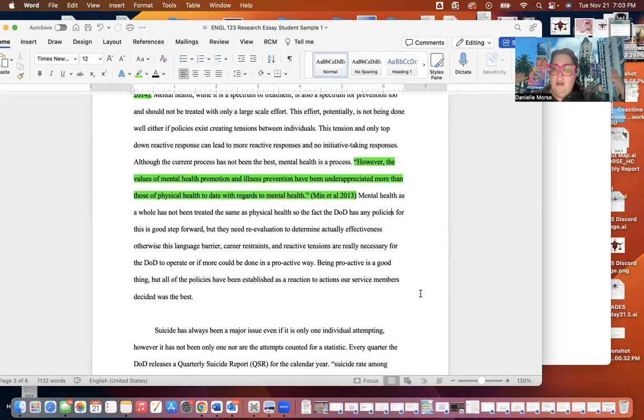What language barrier, career restraints? We've had no data about career restraints, language barriers, reactive tensions. I don't even know what reactive tensions means in this case because it's so ambiguous.